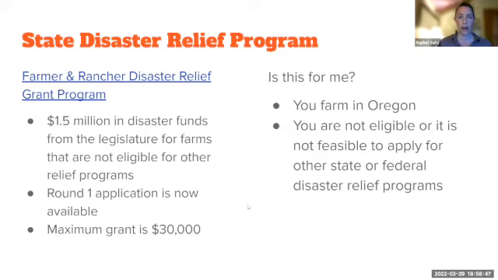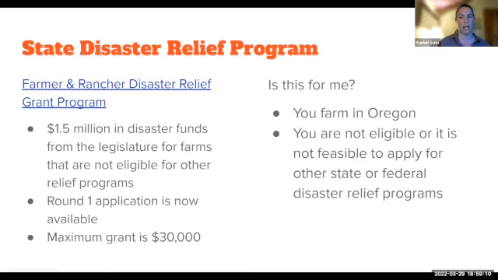So a little bit about these funds. This was approved around the same time, as Alan said, in December. There's $1.5 million for disaster funds from the legislature for farms that are not eligible for other relief programs. The first round is now open and available.